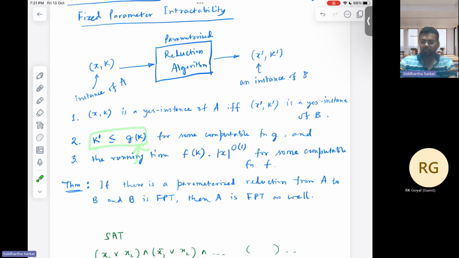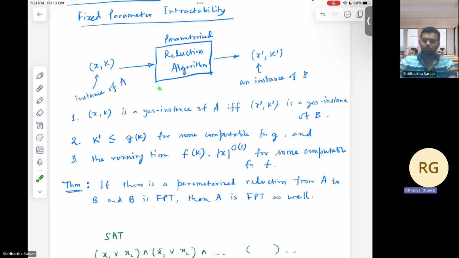So the parameter size should not grow too high. It should not be unbounded. And of course, the running time of the reduction algorithm should also be FPT, that means some computable function of the parameter times polynomial in the input size. If these three things are satisfied, then we say that we have a parameterized reduction algorithm.